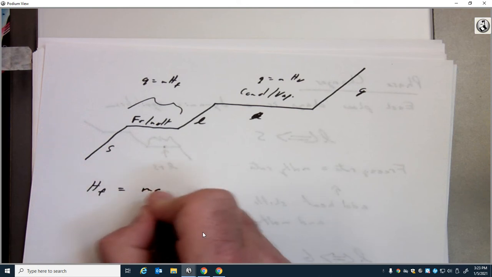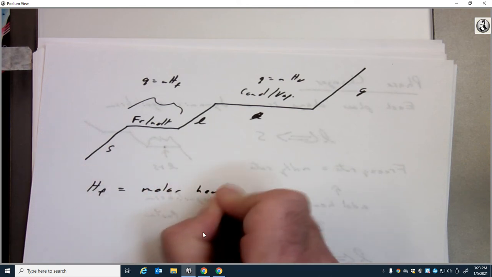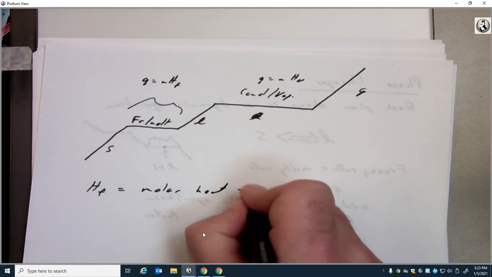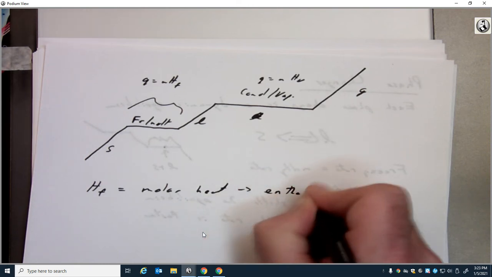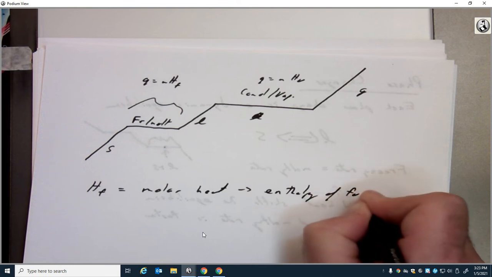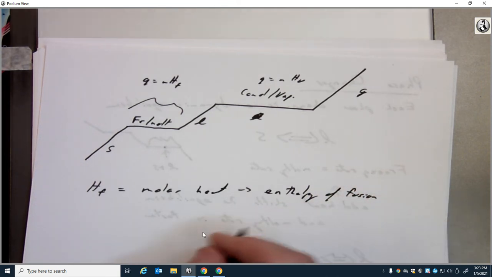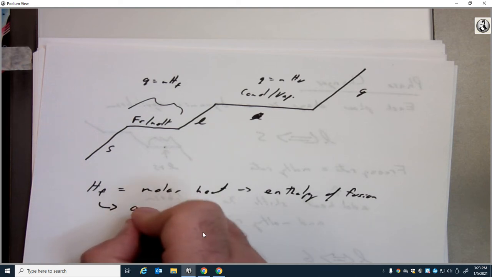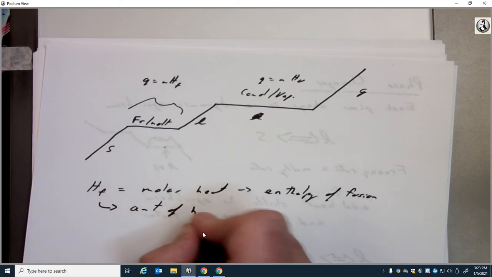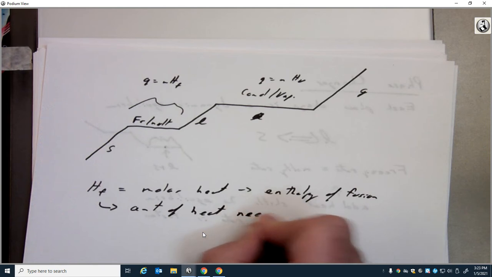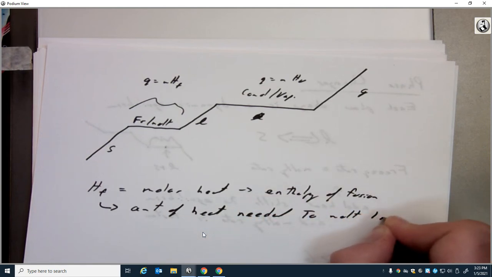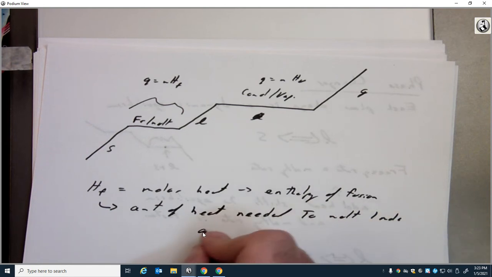This is called the molar heat. Sometimes it's called the enthalpy of fusion. And this is the amount of heat needed to melt 1 mole of a solid.